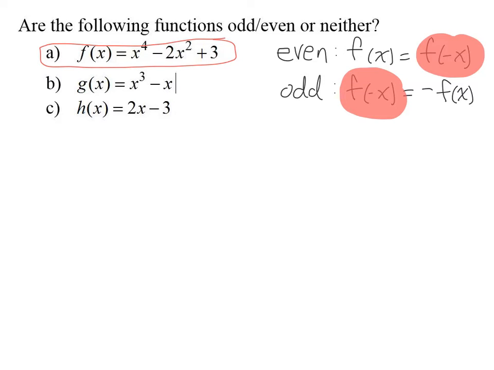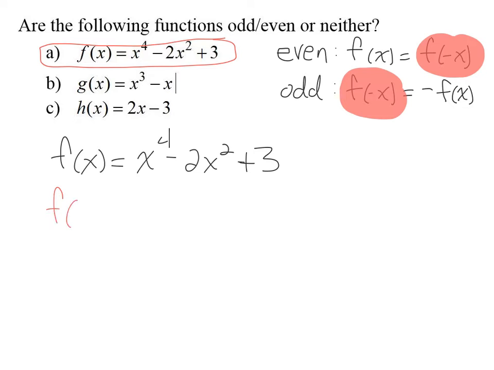We already know f of x is x to the fourth power minus 2x squared plus 3. So per the suggestion, I want to check to see what f of negative x is. And I'm going to do that in red.